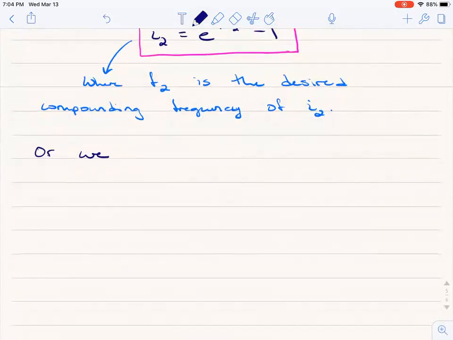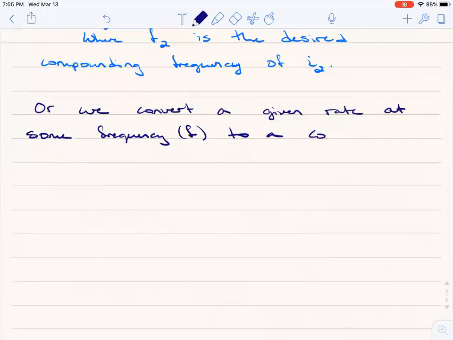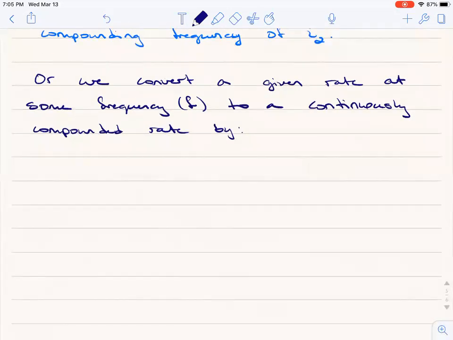We can convert a given rate at some frequency f to a continuously compounded rate by, I'll just use the one on your formula sheet.